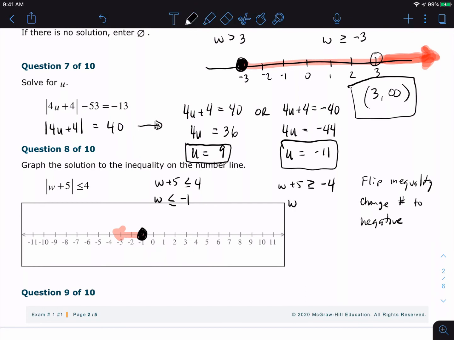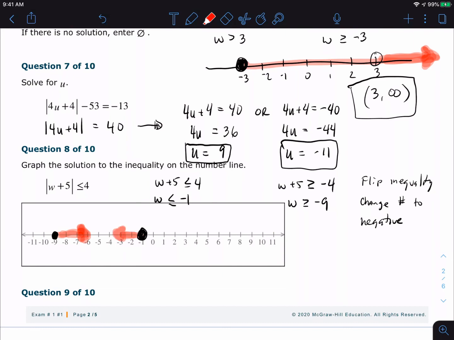Over here, I'm going to get w is greater than or equal to negative 9, agreed? So here's negative 9, and which way am I going to shade? The right side, going right. Perfect. Where are they both going to be shading? Right in the middle there.